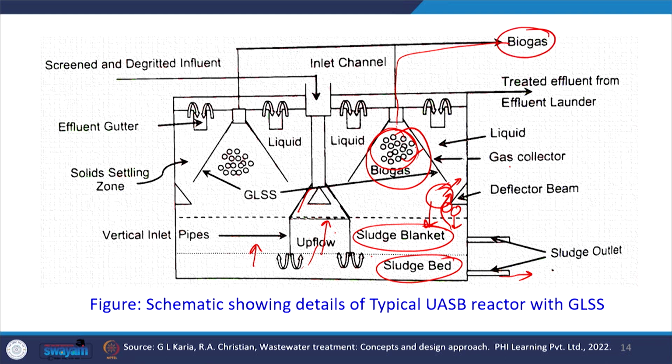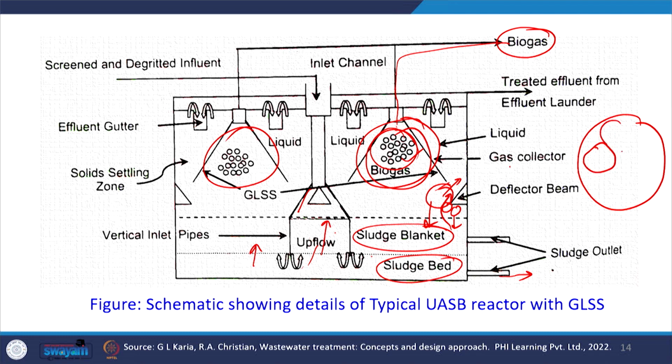We can have different chambers, like one chamber here, another chamber. Within a bigger reactor, suppose this is the top view, we can have gas collection chambers here, here, here, and from each collection chamber the biogas will be taken out.